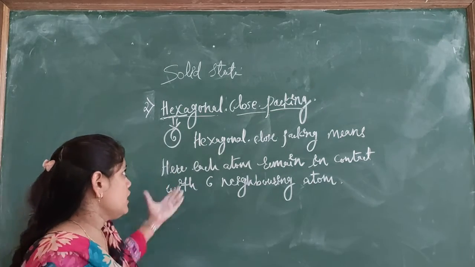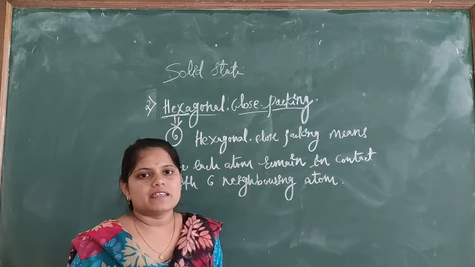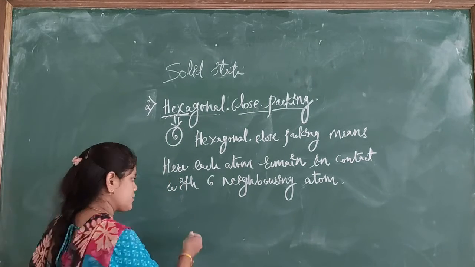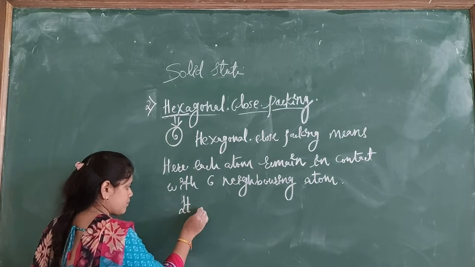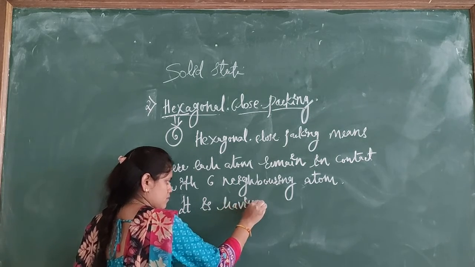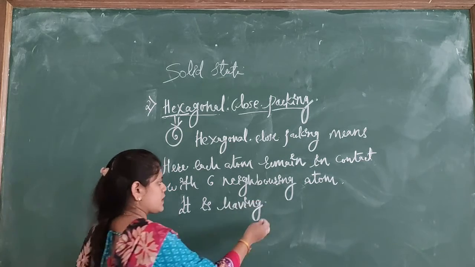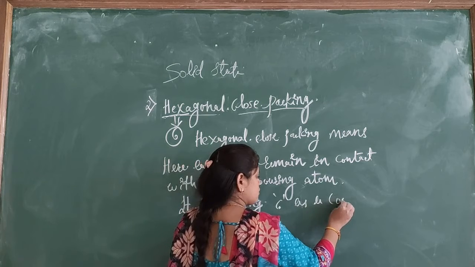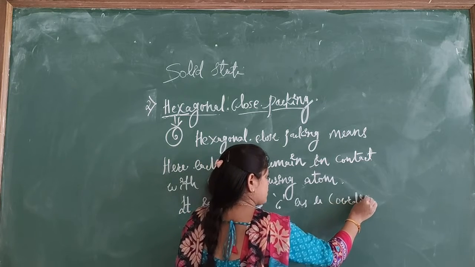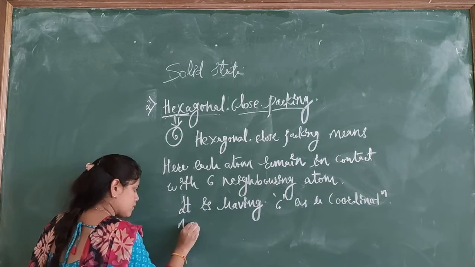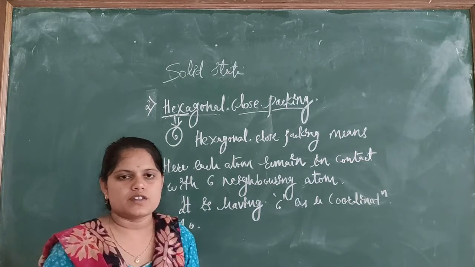It means hexagonal close packing is having 6 as a coordination number.